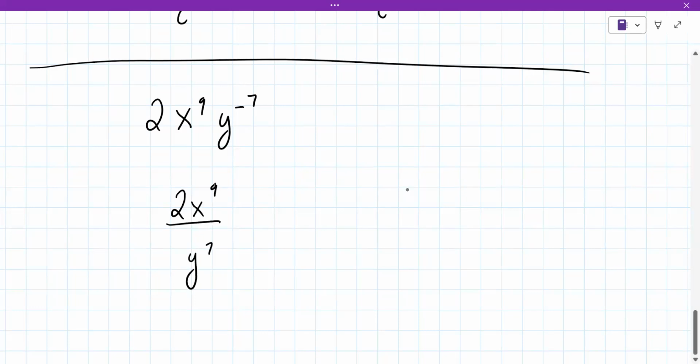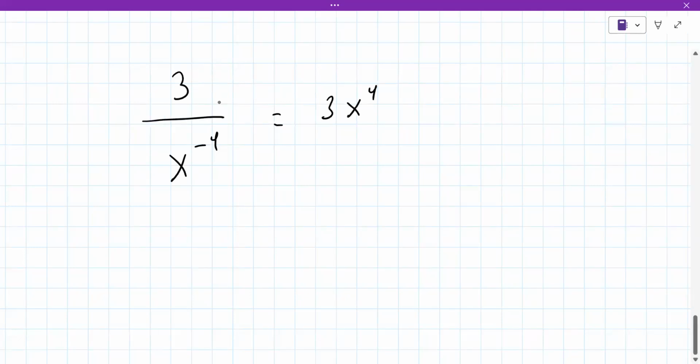Good. That's really good. The other type of problem we were looking at is something like 3 over x to the minus 4. When the exponent on the bottom is negative, you move it to the top. This becomes 3 times x to the 4th.